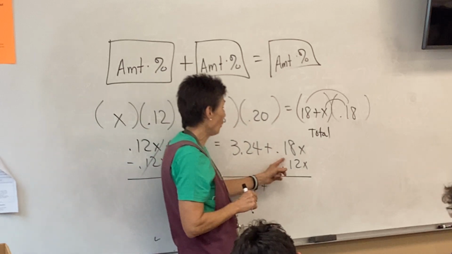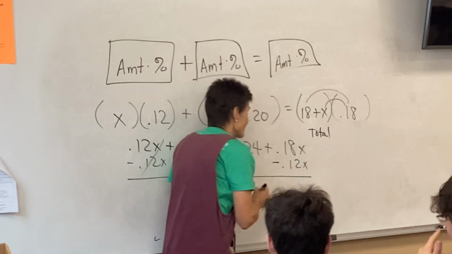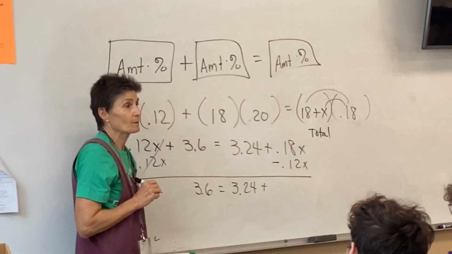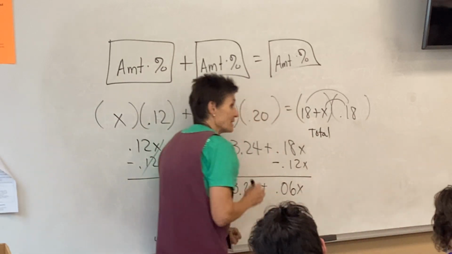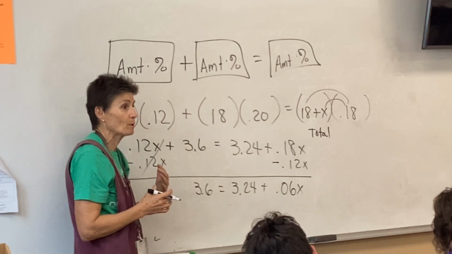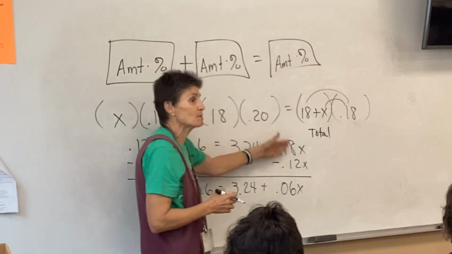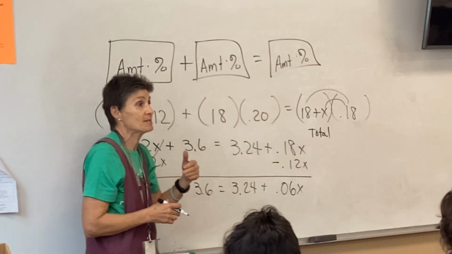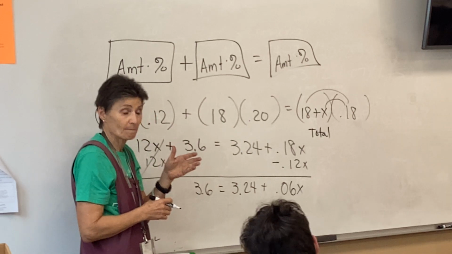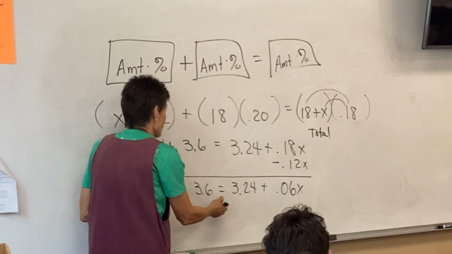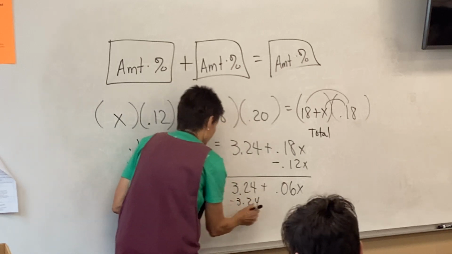What is 0.18 minus 0.12? 0.06. Now, you are going to have a calculator to help you with all this arithmetic, but that one seems so easy, but a lot of times kids will say 0.6. It's 0.06. All right, now I'll subtract the 3.24.